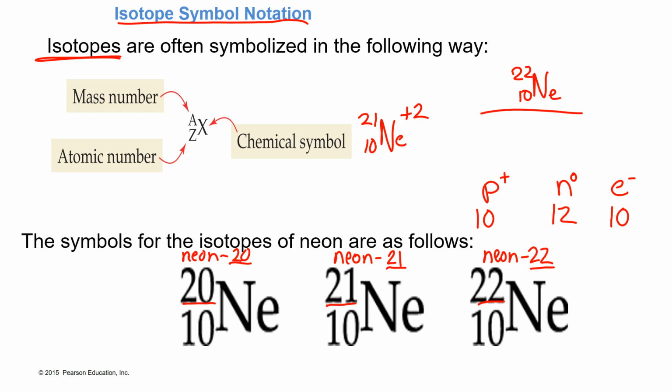So if I'm looking at it in terms of protons, neutrons, and electrons, what things have changed about this one? Protons is still 10. Electrons is 8. Neutrons is 11. Notice that both of these have the ability to change, but the protons never change. That's kind of my thing that I want you to get out of this.